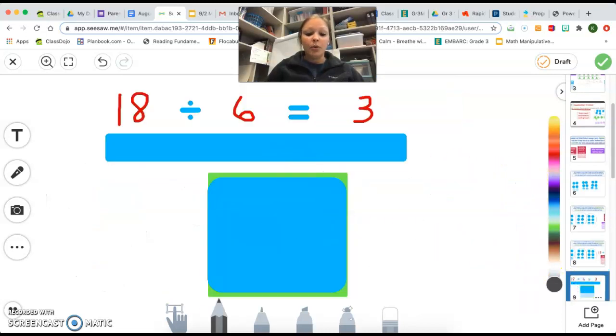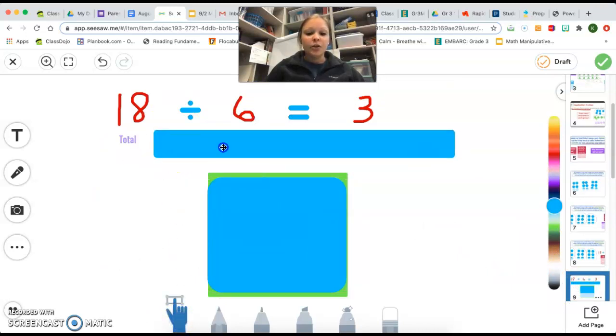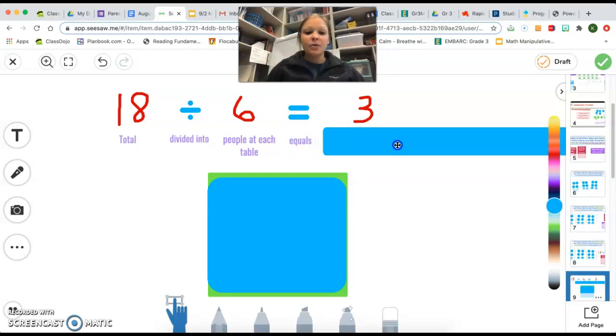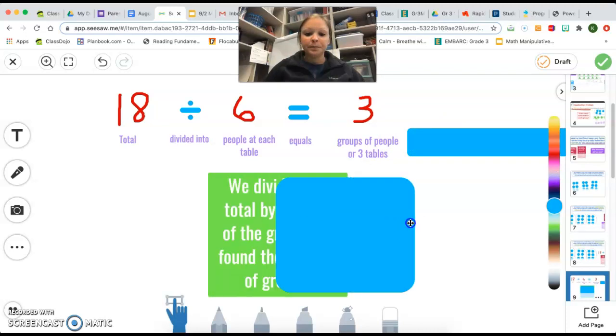So let's label our problem. The 18 represents the total number of people coming to the party. We divided that 18 into 6 people at each table, and that equals 3 groups of people, or 3 tables, because we know our groups were actually the tables.